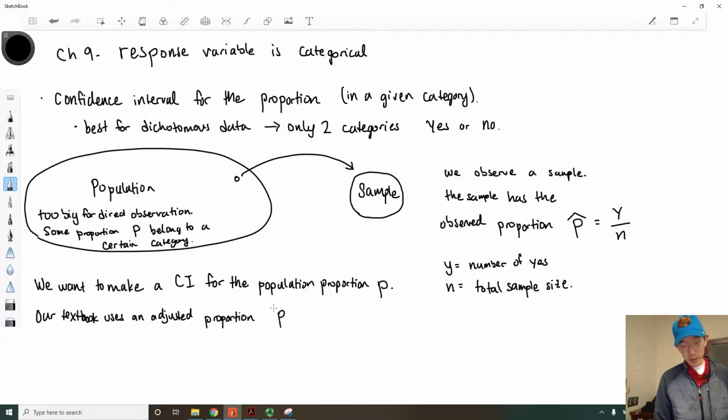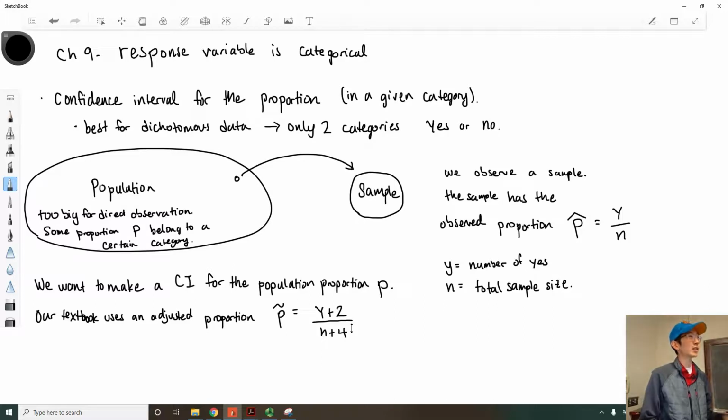And they call this p tilde. And what they do is they add 2 to the numerator and add 4 to the denominator. So why would they do this? What this does is it helps avoid situations where you get extreme proportions like 0 or 1.